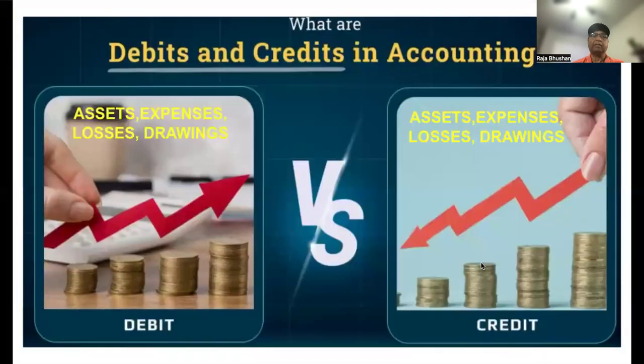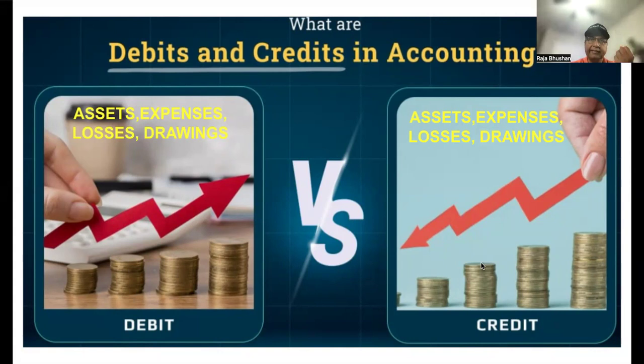How do I remember, or how do I know whether I should debit or credit, depending on the nature of the transaction? When I say transaction, suppose we say you have invested $10,000 into the business. So what is the business getting? Cash, right? Suppose you have given $10,000 to the business, you have put in $10,000.